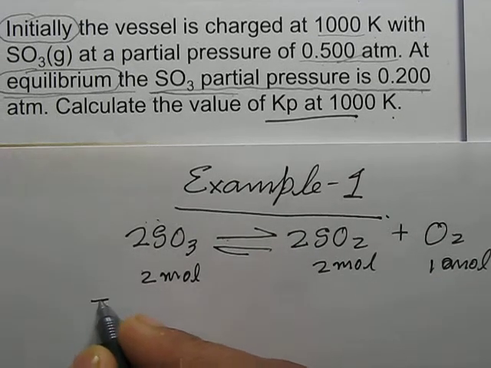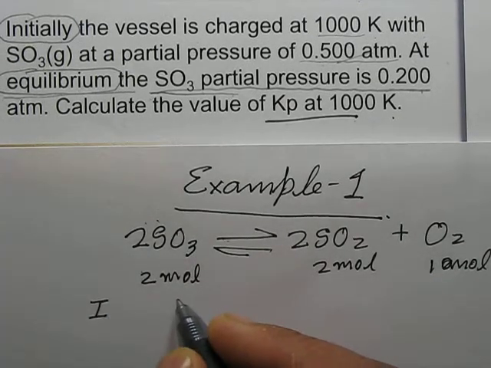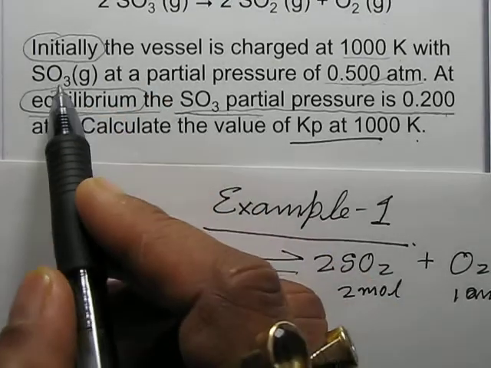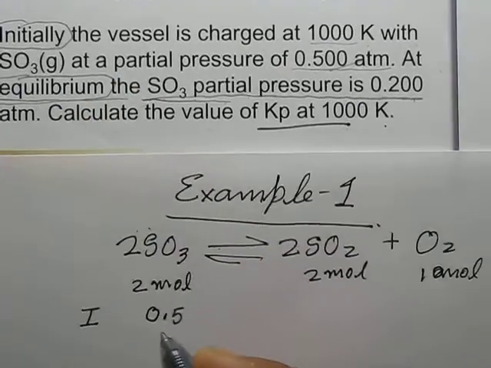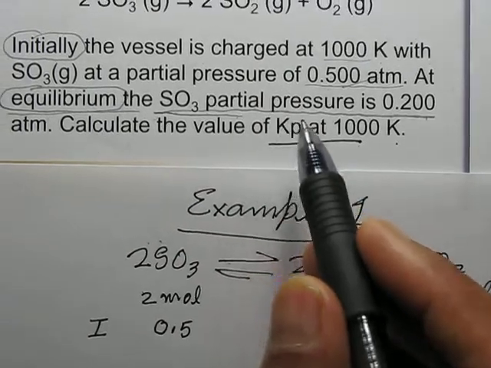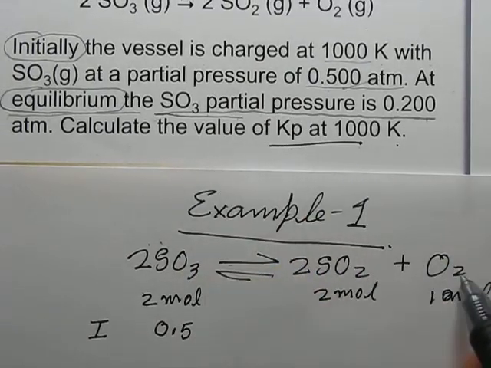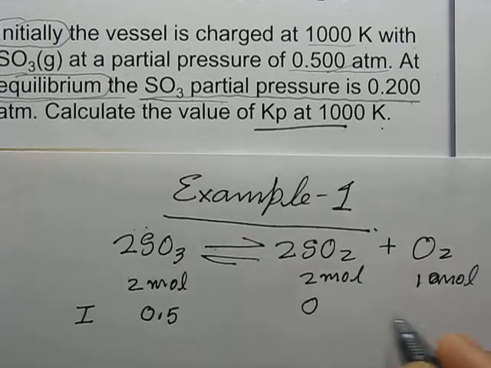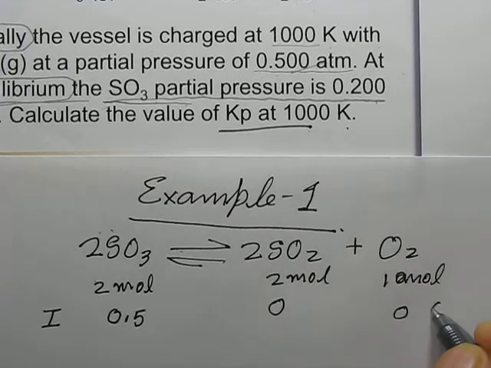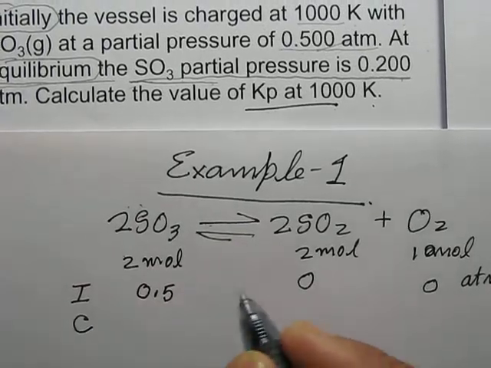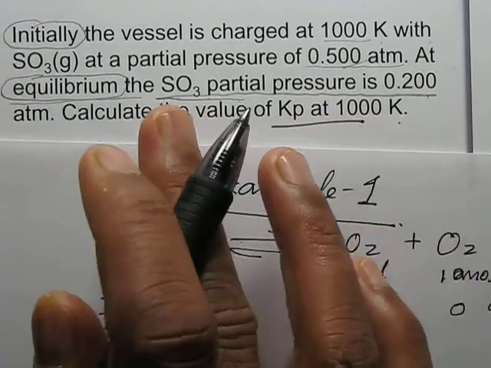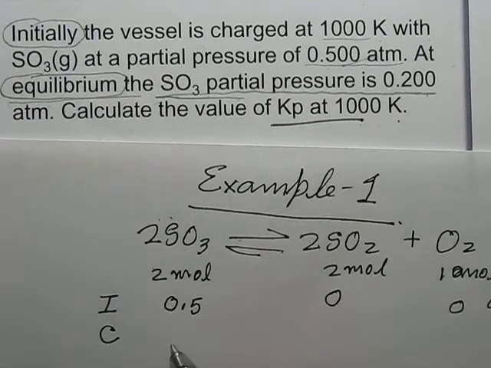If we write the initial concentration, it is given for SO3 as 0.5. So here we can write 0.5, and there is no information about SO2 and oxygen, so 0 atmosphere. The change in concentration we do not know right now. What they have given is the SO3 equilibrium concentration.